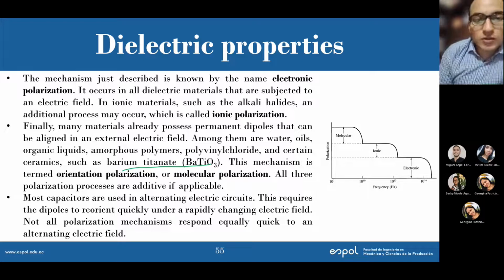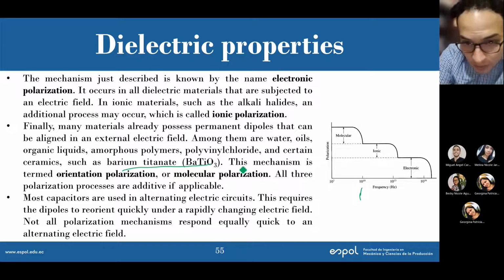Now, you might be asking yourself, why is this useful? Well, most capacitors are used in alternating electric circuits. That means that they really need to reorient quickly under a rapidly changing electric field. Not all of these polarization mechanisms behave the same way. Molecular polarization decays at very low frequencies, like 10 to the 10.